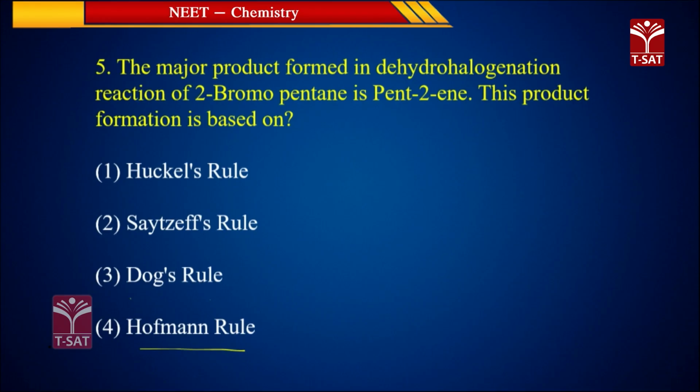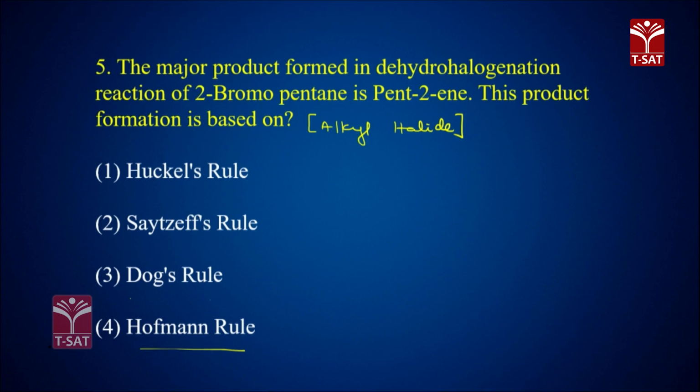So this question is based on second year organic chemistry, from alkyl halides. This time you may get 2 or 3 questions from alkyl halides, very, very important, because many chapters are deleted. That's why this time we will get more than 1 question from alkyl halides.